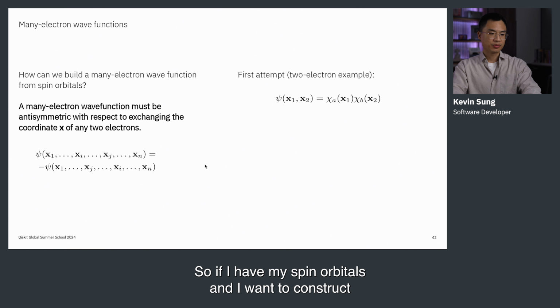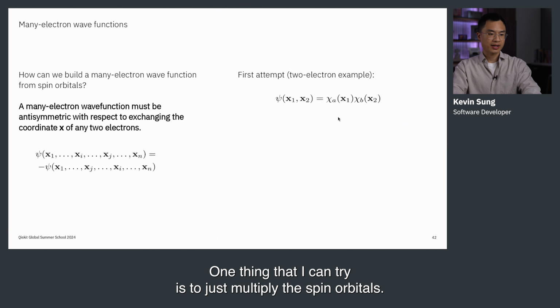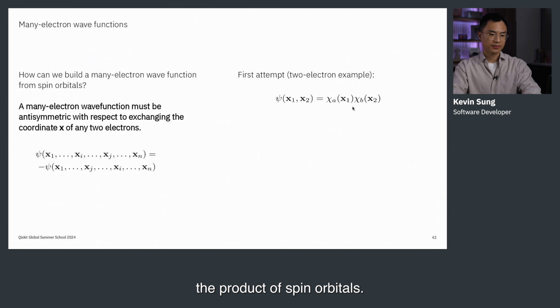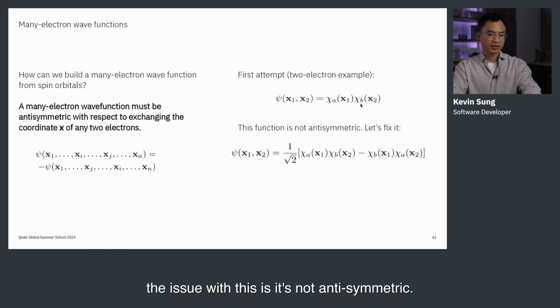So if I have my spin orbitals, which are functions for a single electron, and I want to construct a 2-electron wave function, one thing I can try is to just multiply the spin orbitals. So my function of 2 electrons is just going to be the product of spin orbitals. The issue with this is it's not antisymmetric.